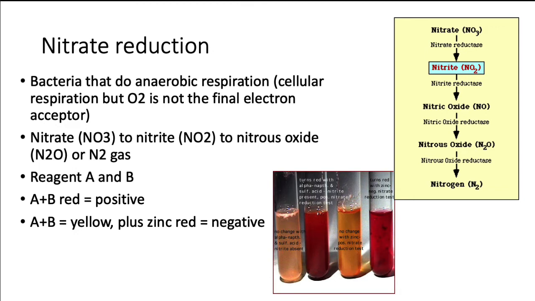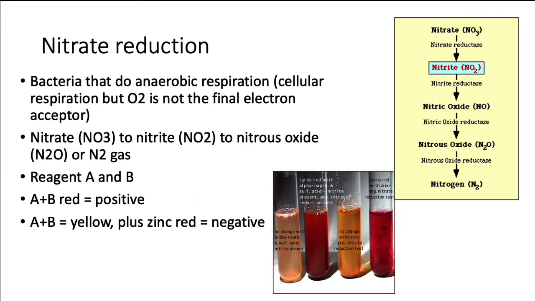So nitrate reduction is a pathway that could go through different intermediates. Nitrate, which is NO3, can be reduced to nitrite, which is NO2, which can be reduced to nitric oxide, to nitrous oxide, and all the way to nitrogen gas.